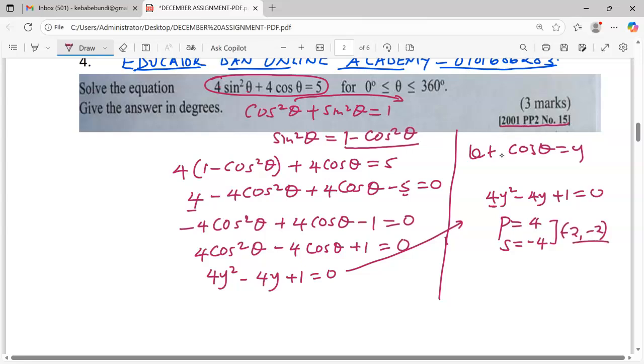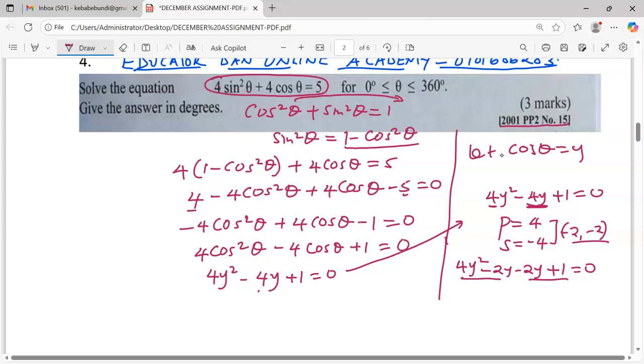Then we use the same factors and bring them into our quadratic equation, where the two factors are going to replace the linear term. That means we are going to have 4y squared, instead of the middle term, we are going to use minus 2y minus 2y plus 1, and this one is going to be equal to 0. We can now factorize the two in pairs.